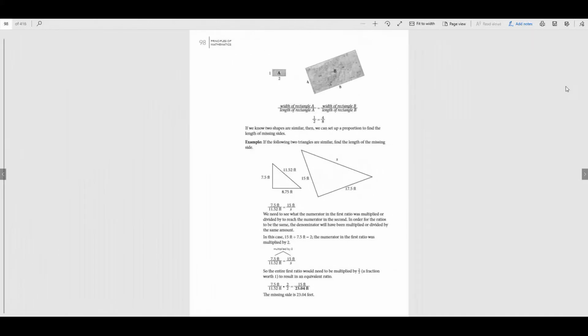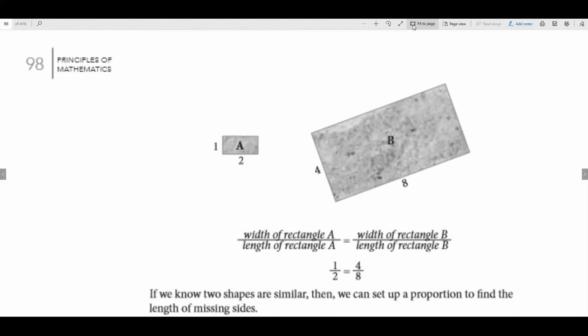All right, so let's look at this page right here. So we've got 2 rectangles, okay? Now they're different sizes, but we know they're the same shape. They're both rectangles. So let's look at all of these sides.